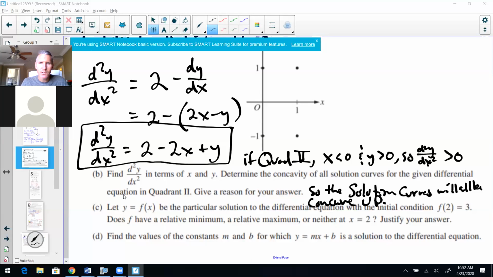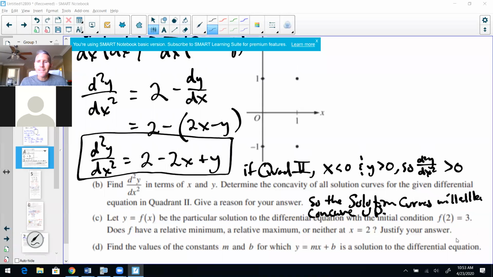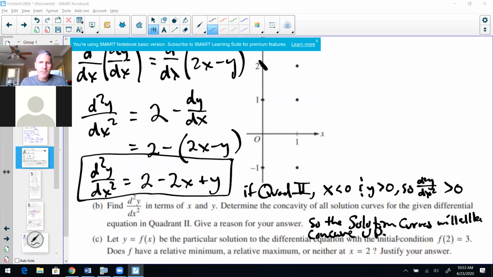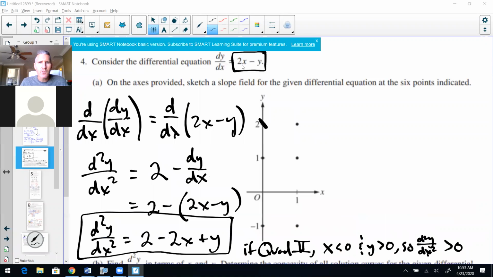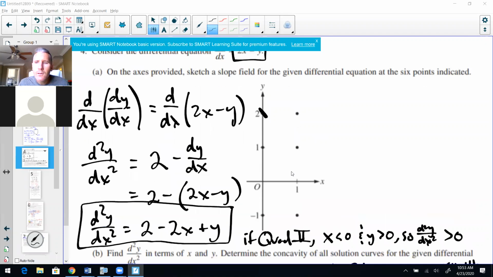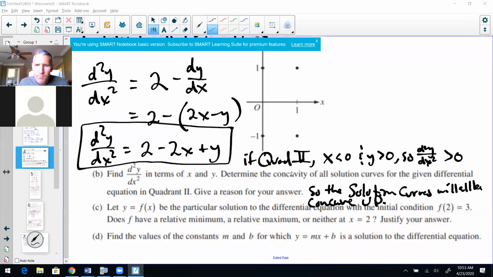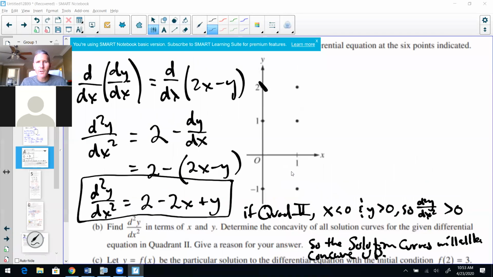So then there was C, which asks us to give an initial condition, and they're asking if f has a relative min, max, or neither at x equals 2. So at x equals 2, y is equal to 3. What you would do there is plug that 2 comma 3 into the derivative.